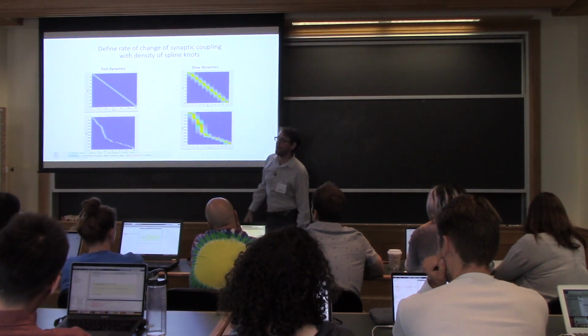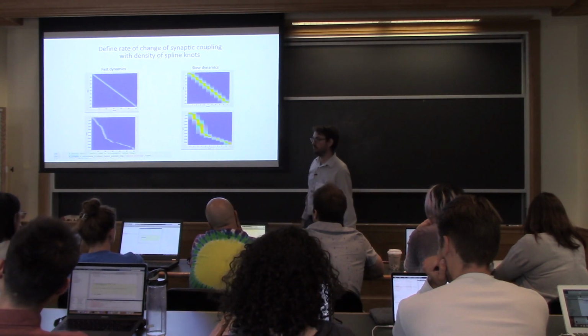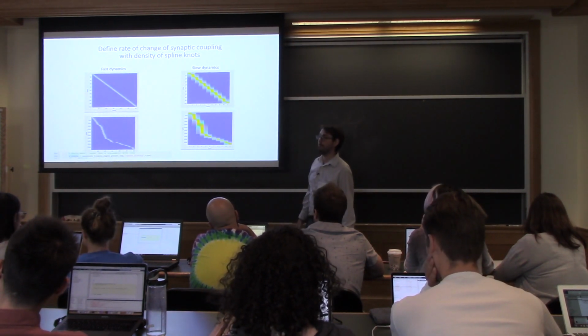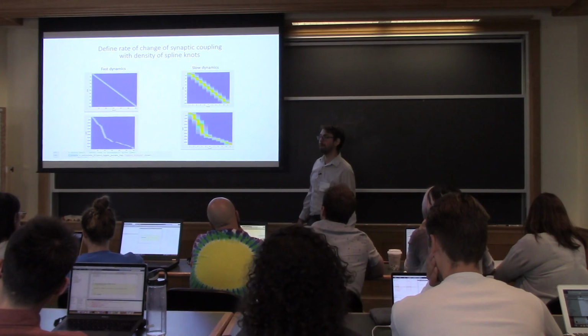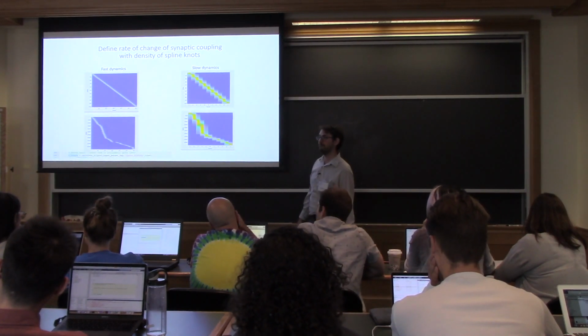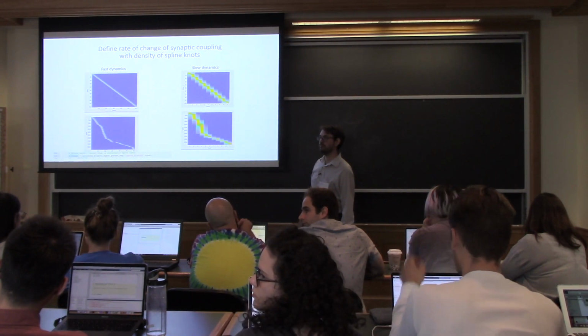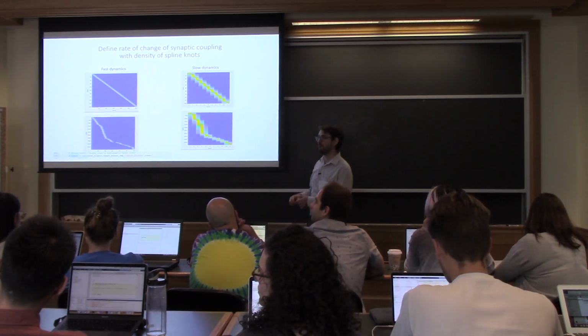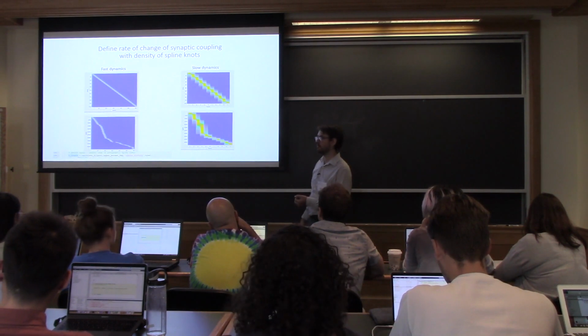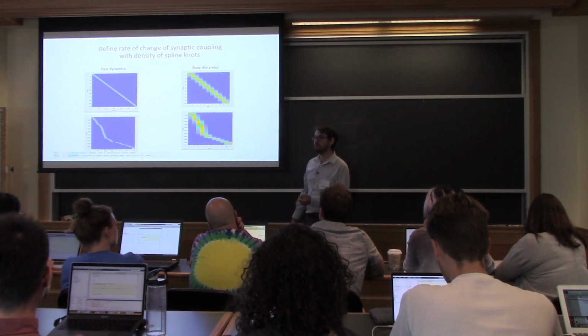So you could, even if you did like a Fourier basis set or something like that, you would get different speeds of dynamics. Yep, you could do that too. Then you would get multiple dynamical scales. Yeah, you could definitely do that too.